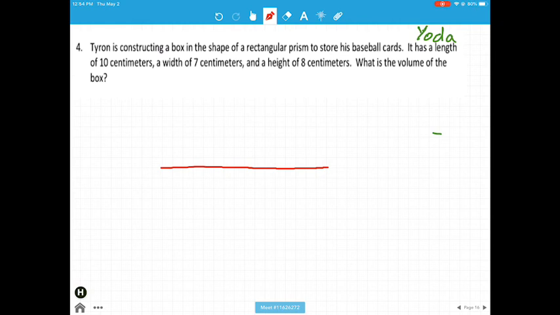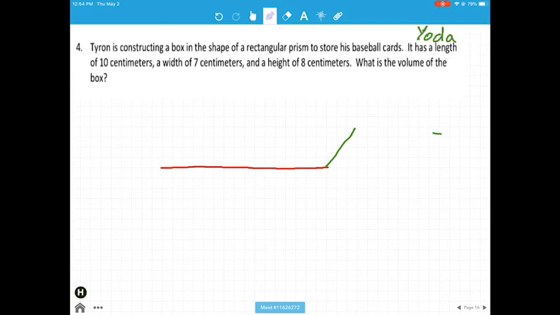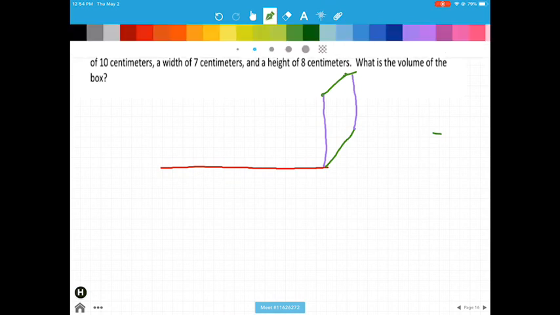And then it is 7 centimeters width, and 8 centimeters height. So we have all the dimensions.